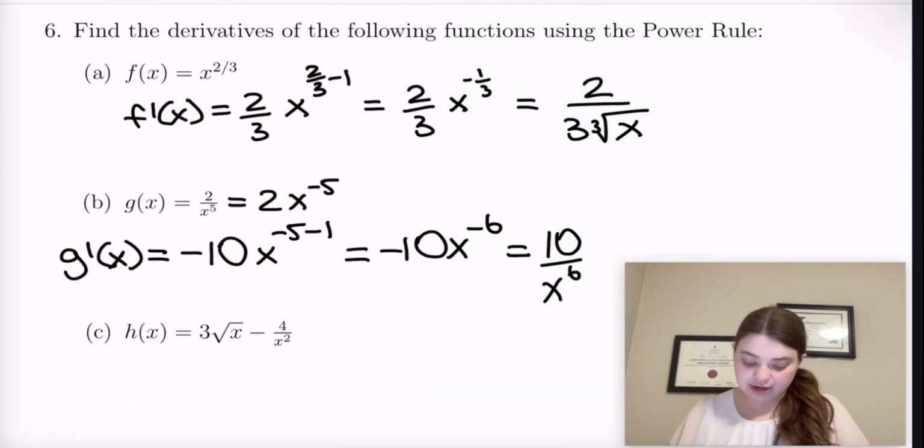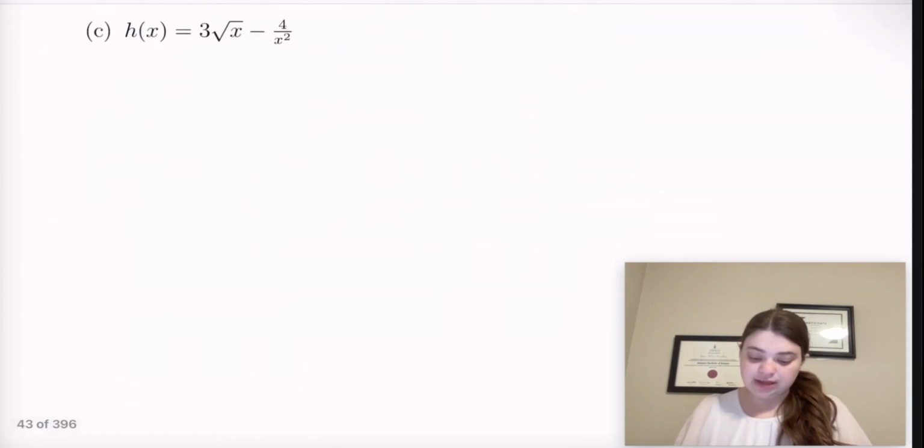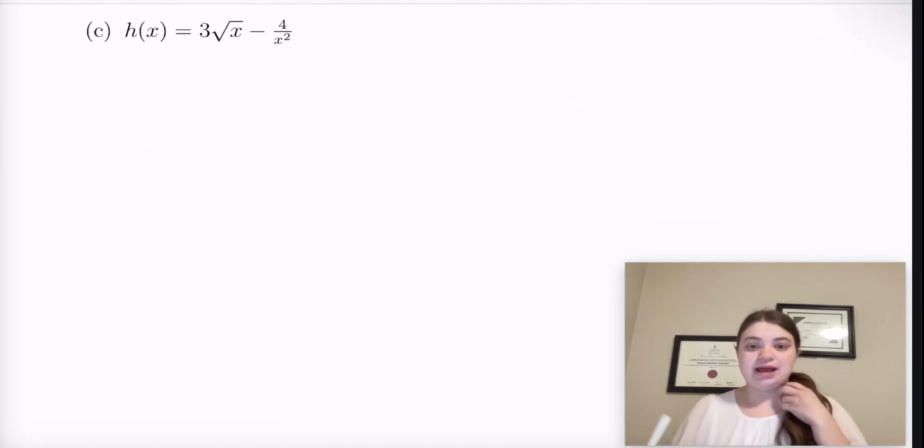All right, let's try part C. 3 times the square root of x minus 4 over x squared. So both of these at first look a little bit confusing as to how we would use the power rule. So first thing I'm going to do is put both of these in exponent form in the numerator. So recall that the square root of x is the same as x to the power of 1/2.